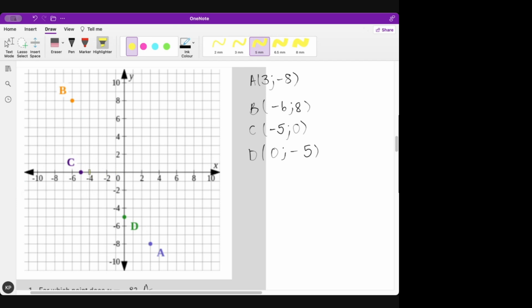So that's why it's on the x-axis. That's where that 0 comes from. Whereas with D, it's the other way around. It moved vertically, it moved down, but it hasn't moved horizontally at all. It's still straight in the middle of the x-axis. So that's what makes the x-coordinate 0.